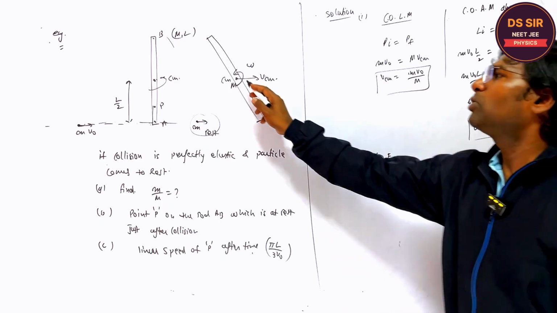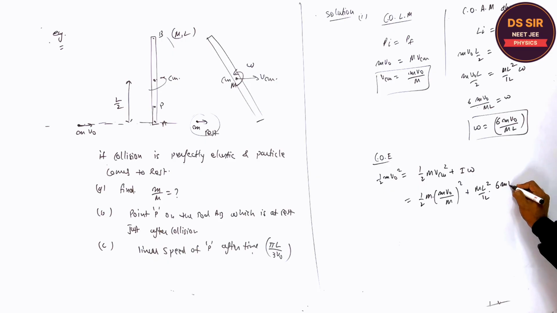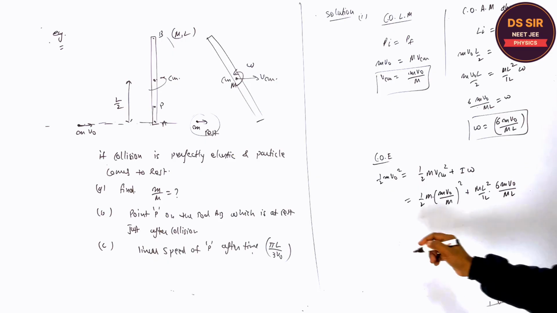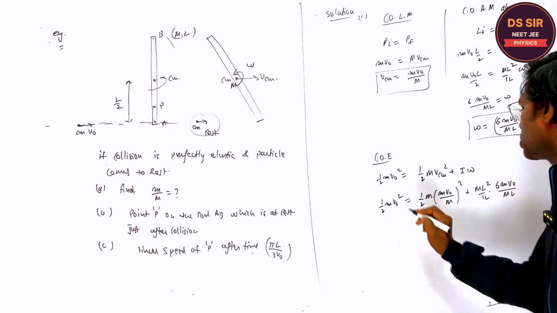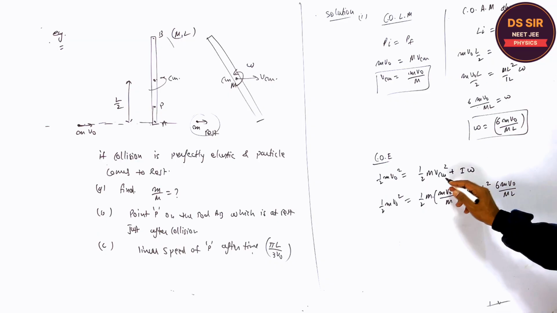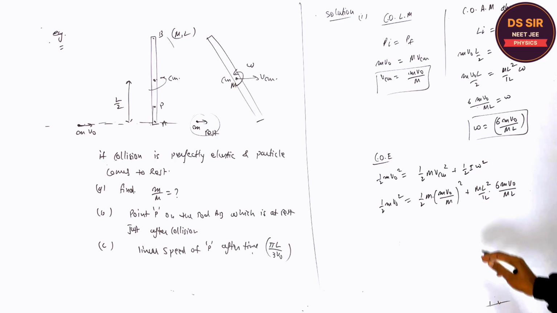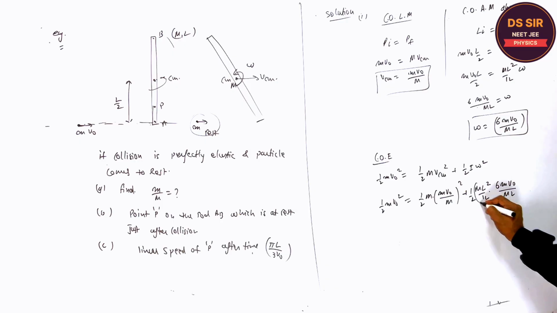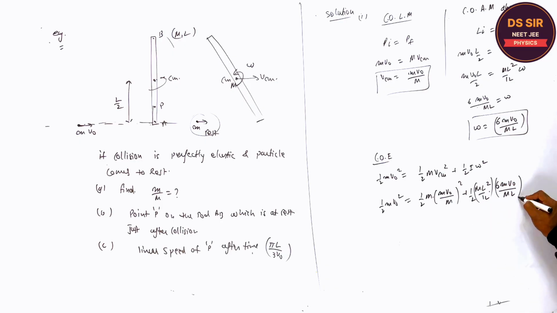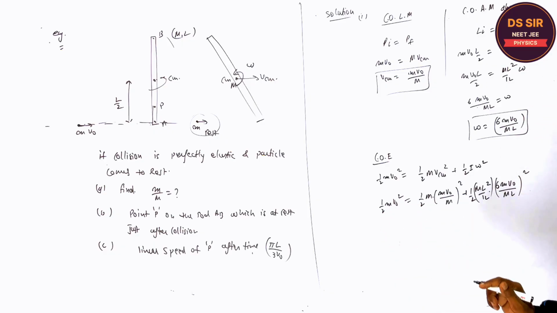What is the moment of inertia about the center of mass, and what is the angular velocity? Wait for one minute. The rotational energy is half I omega square. You will see that v naught square, v naught square, v naught square will cancel out, and the one by 2, one by 2 will also cancel out.